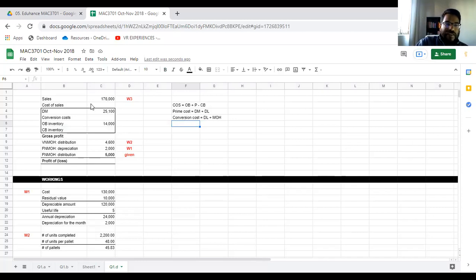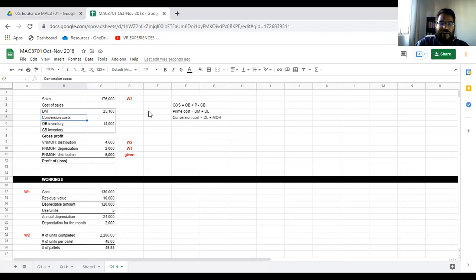But before you write it down, you must have a look how they presented the question. Did they give it to you in those 4 line items, or did they combine it in some way? That's very important to understand so that you don't waste time. So before you write it down, look at the scenario to see how direct material, direct labor, and manufacturing overheads have been presented.